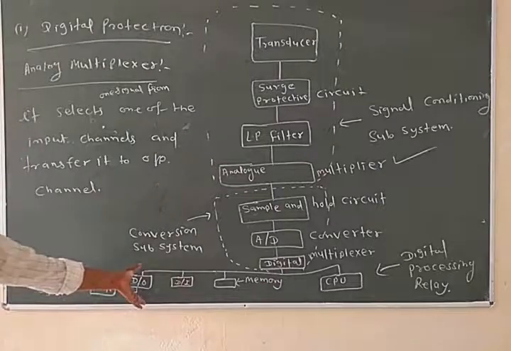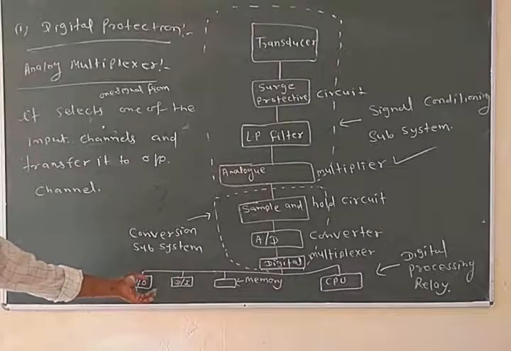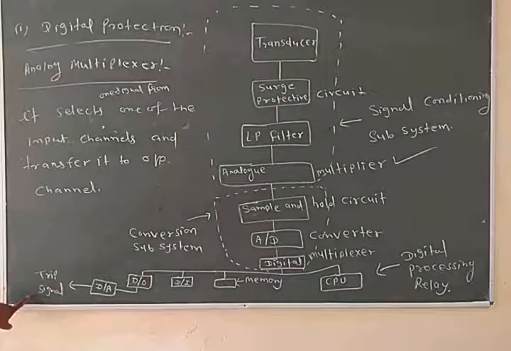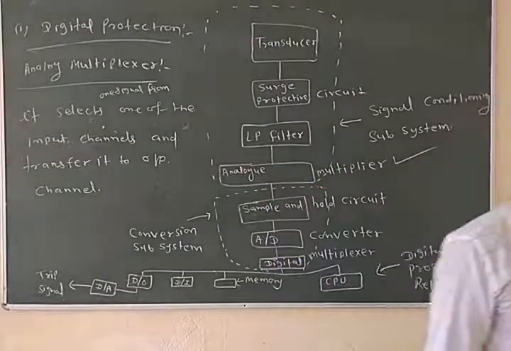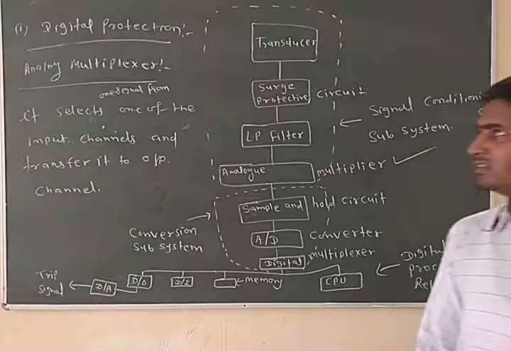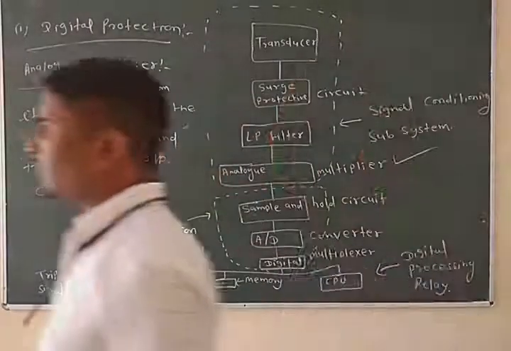The output of this relay goes to the trip signal, which is provided to the circuit breaker, and the circuit breaker operates to protect the circuit. So this is the function of the digital protection system for the protection of the power system.